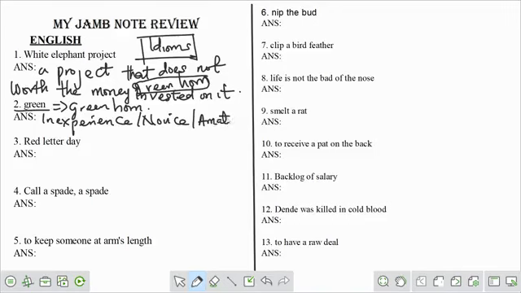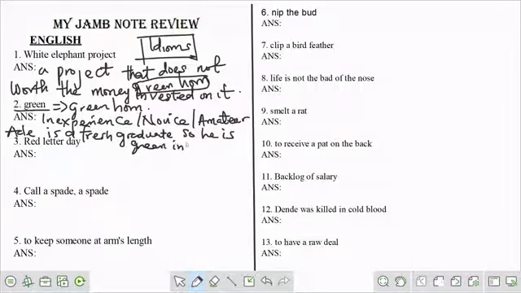Maybe a person is just starting in the engineering field. You are going to say the person is green in that field. So let me say it now: Ade is a fresh graduate, so he is green in the field of engineering.